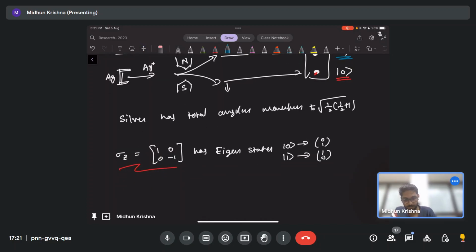So when I'm sending a particle through this magnetic field, what I'm doing is a measurement in the Z direction, and this gives two outcomes. Either it will show that the spin is up, or it will tell me that the spin is down, right?